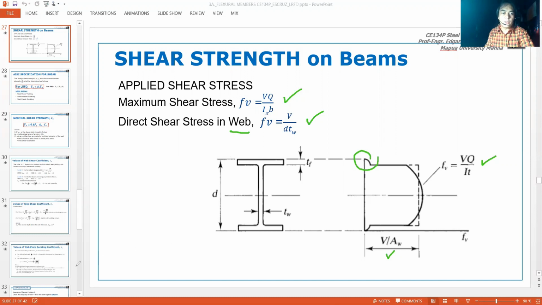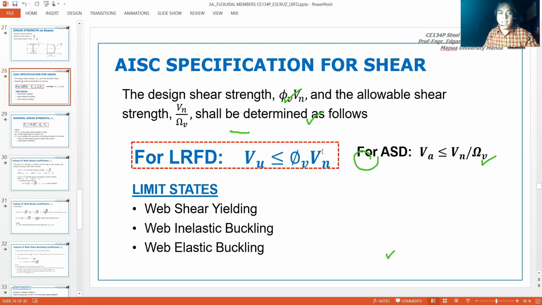Okay, so as per AISC specification on shear strength, the design shear strength Phi Vn and the allowable shear strength Vn over omega shall be determined as follows.